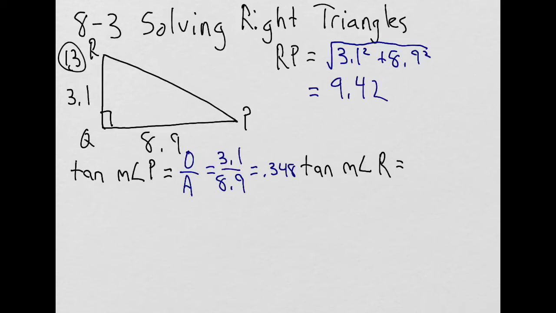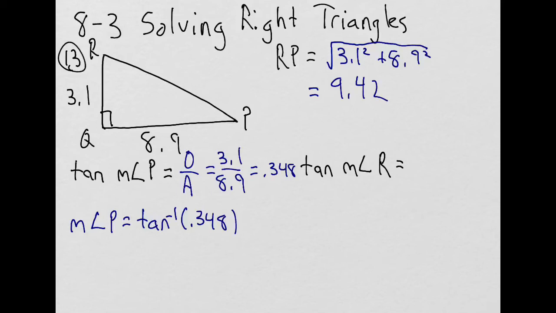That gives me the value of tangent, but I want the actual measurement of the angle. To do that, you have to do what's known as an inverse trig function. The measurement of angle P is going to be the inverse tangent of the ratio we just found, 0.348.